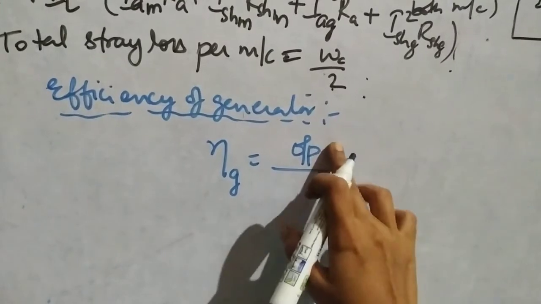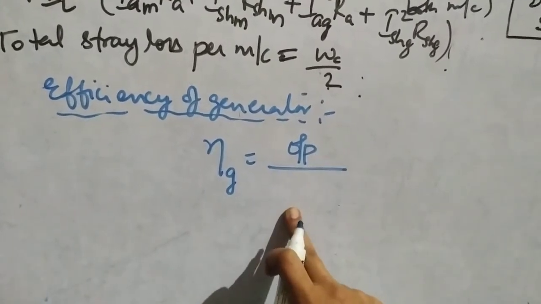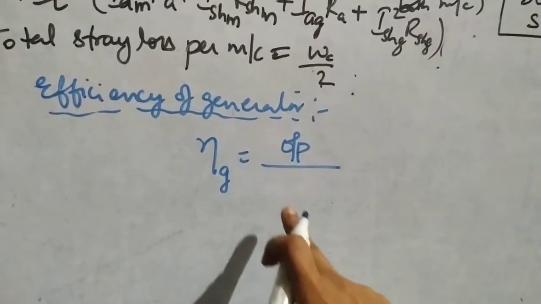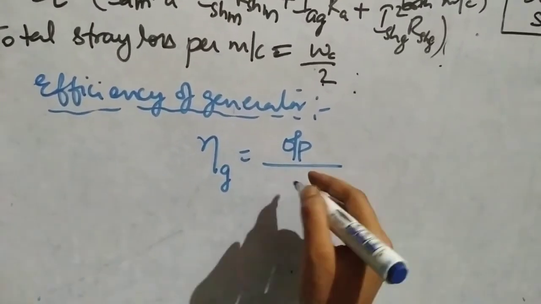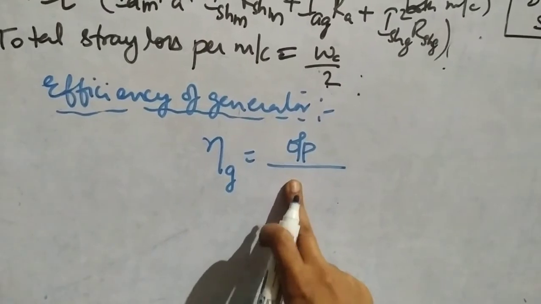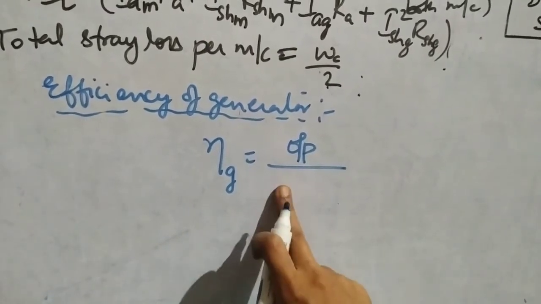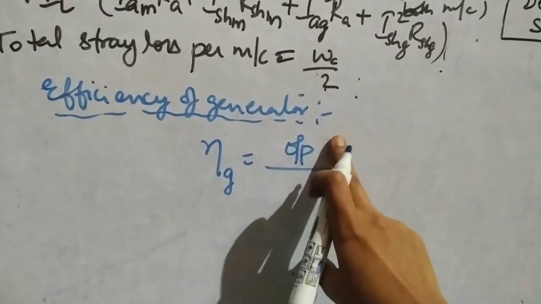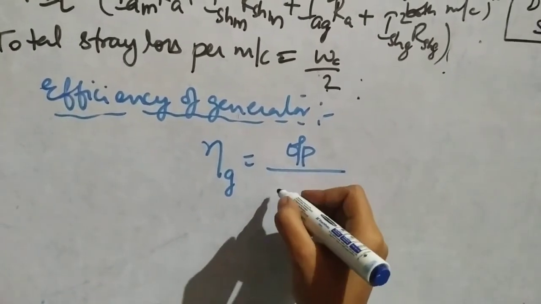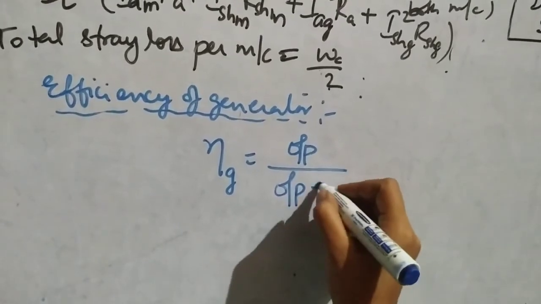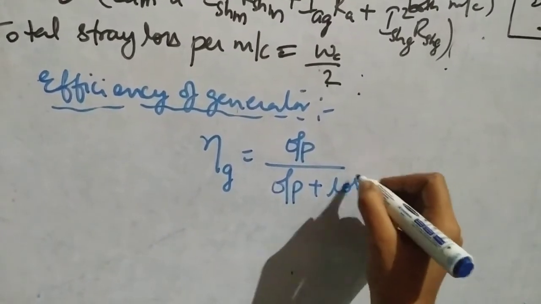Usually we have to manipulate the denominator term in the case of a generator. Input I am going to express with respect to output and losses, so output divided by output plus losses.